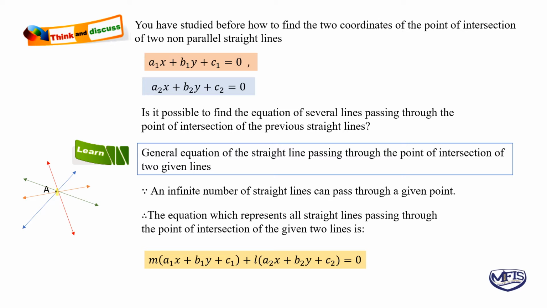plus L multiplied by the second equation, which is a2x plus b2y plus c2 equals 0.